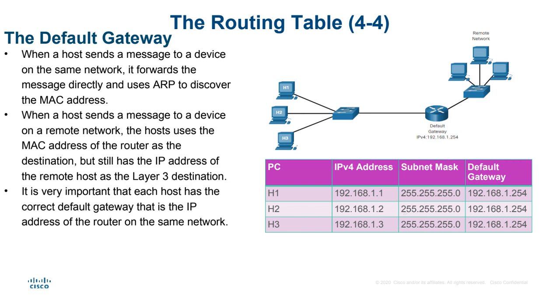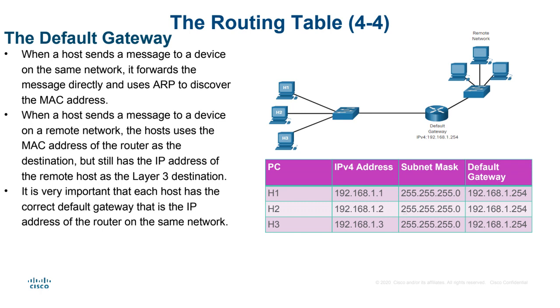Another question: what is the gateway for this computer here? It will be this side of the router. It will not be the same IP address. It will be the IP address of this interface, but they did not put it for you in the table.